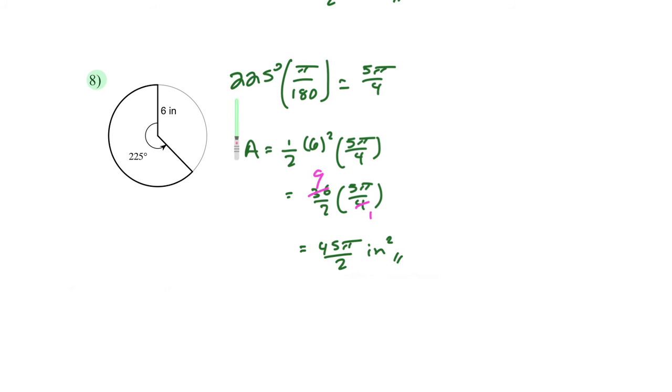Number 8, again, I got 225 times pi over 180. That equals 5 pi over 4. After I simplify, I'm going to multiply 1/2 times 6 squared times 5 pi over 4. So this is 36, so I got 36 over 2. I can simplify the 36 and the 4. That's a 9. So at the end, I'm going to have 45 pi over 2.